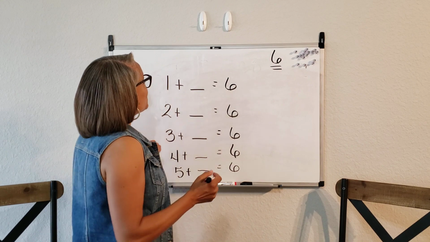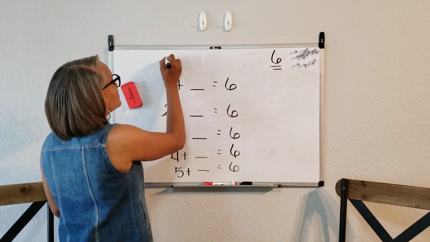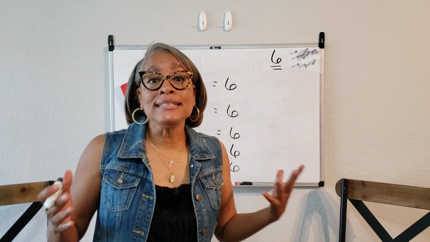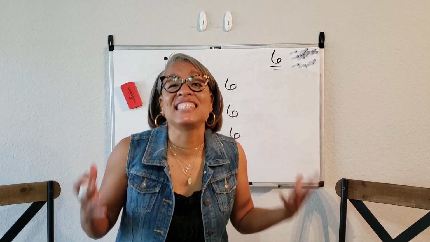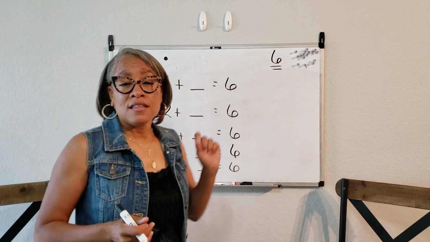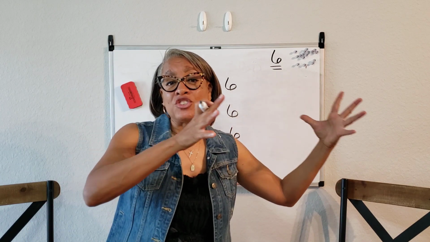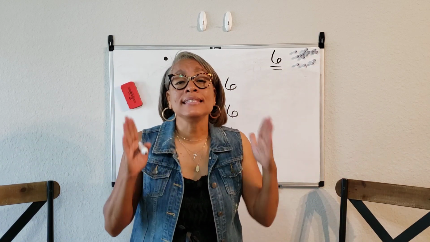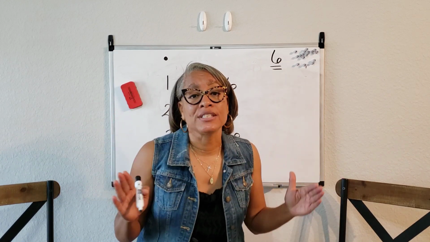So, for this one, we have 1 dot, okay? That represents our first addend. But we need to get a total of 6 dots. So what we're going to do is take the first dot and add to that until we get 6 dots, okay? So listen and watch closely.